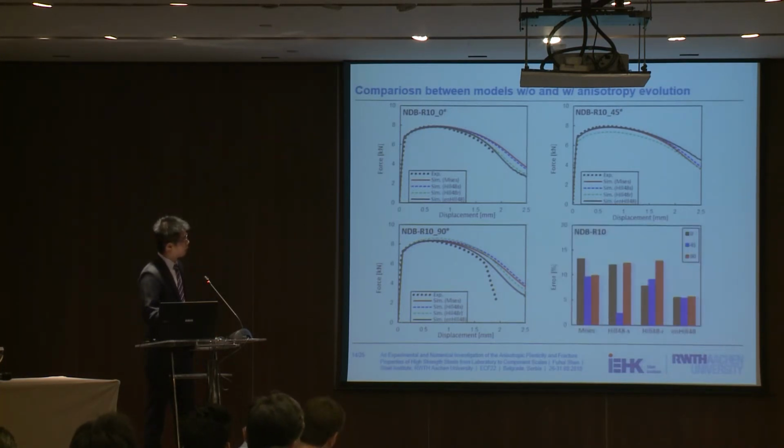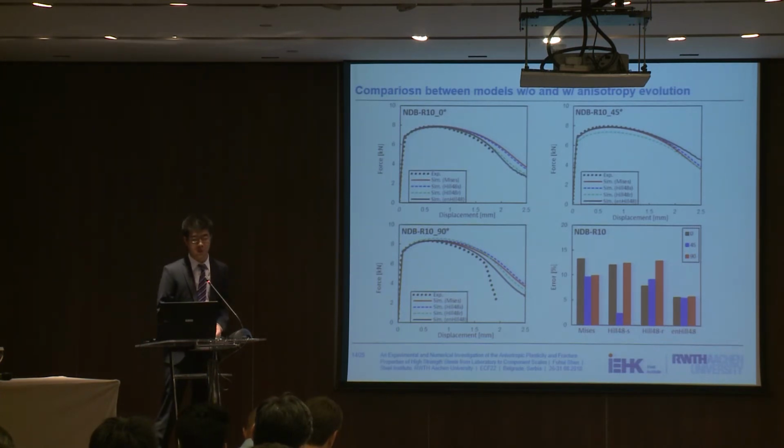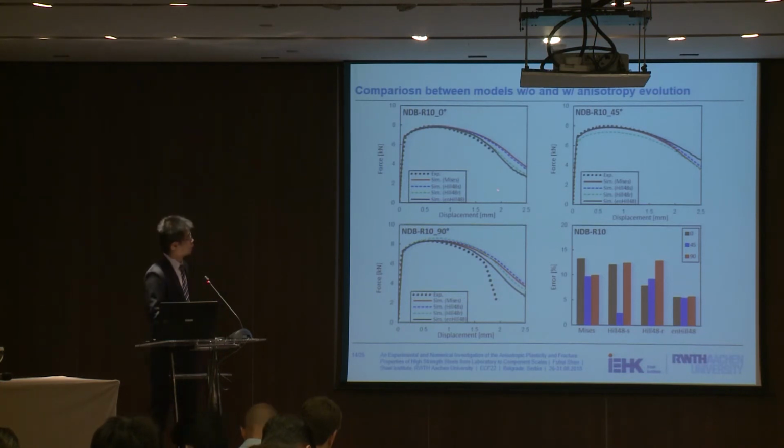Then we make a quantitative estimation of the error in the force prediction at the maximum force point and several points after the maximum force. We can find that the error predicted by the Hill 48 model is the smallest.